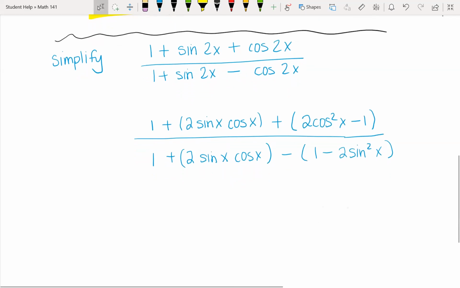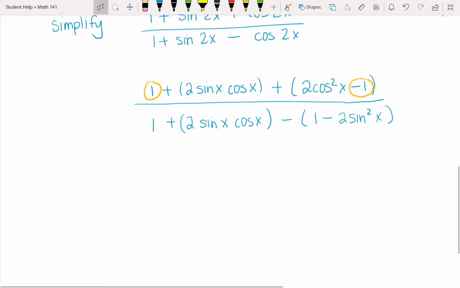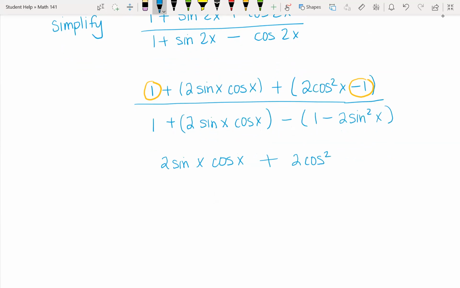All right, so let's see what happens here. In the numerator, to start, I've got a 1 here and a minus 1 here, so those are going to cancel. Let's see what I've got left: 2 sine of x cosine of x plus 2 cosine squared x.